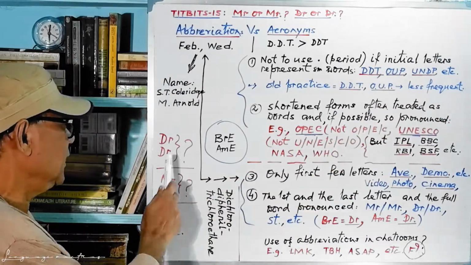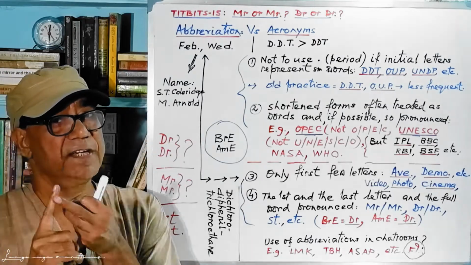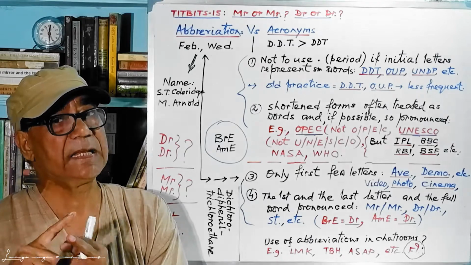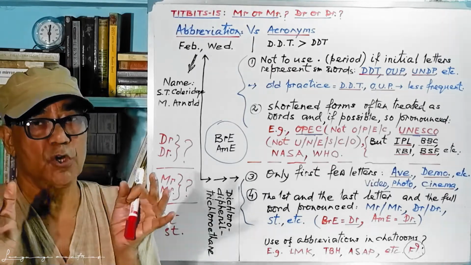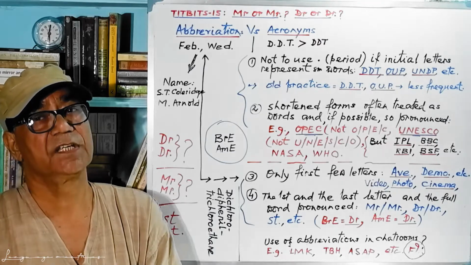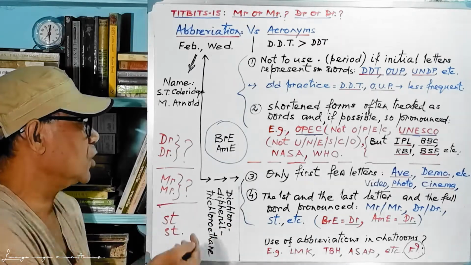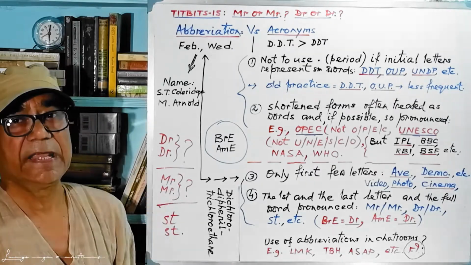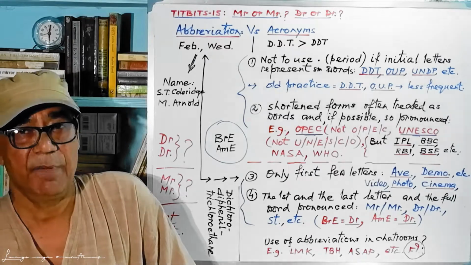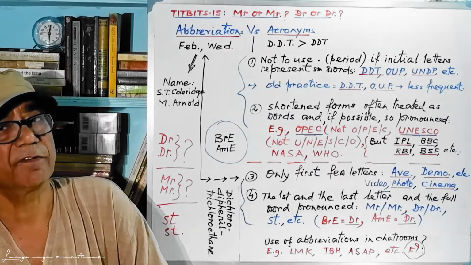But especially this type of words, when the first letter of a word comes and the last letter comes. That means when a shortened form of a word is coined with the first letter and the last letter, Dr., Mr., St. In these cases, Americans put a dot, but the British never do it.